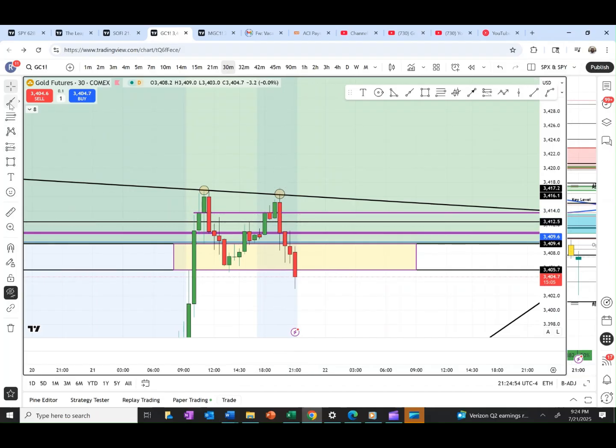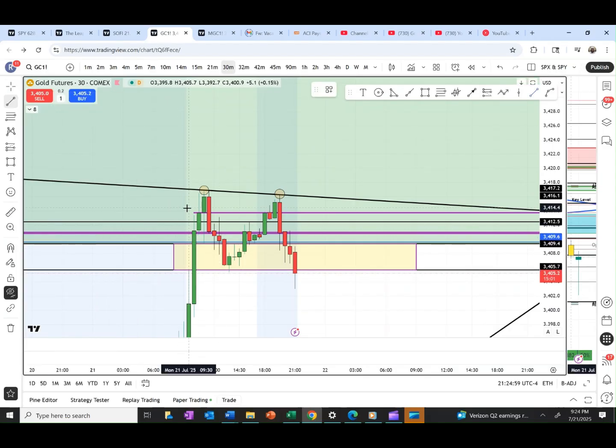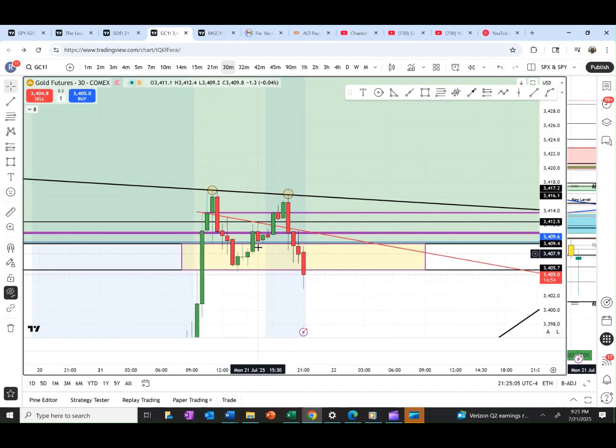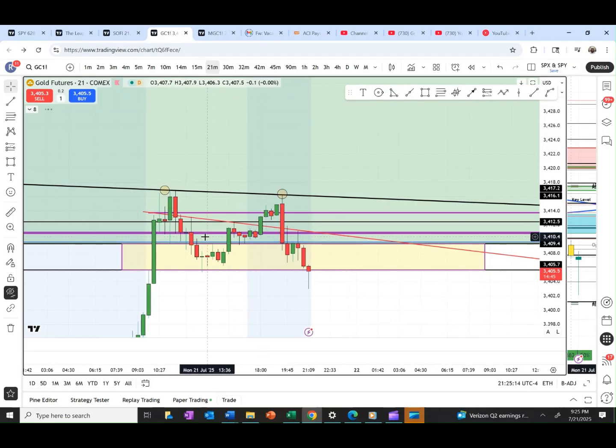So I'm gonna see if I can catch a trend line in the middle of here real quick off of these two swing highs off the inside of here. Boom. And then let's see, that's pretty low. That's pretty high. Let's see if I can catch something a little bit better.